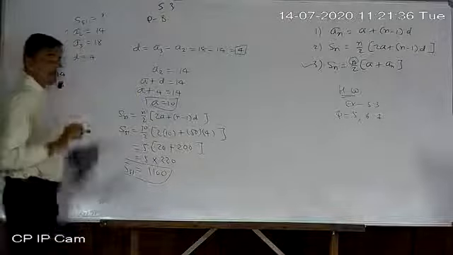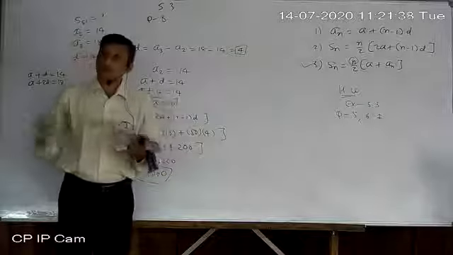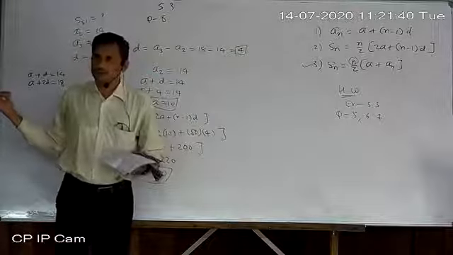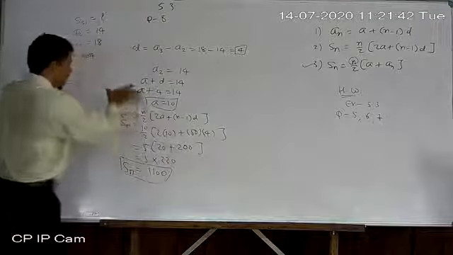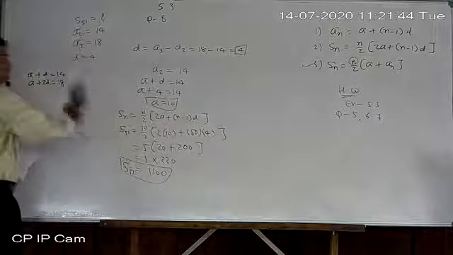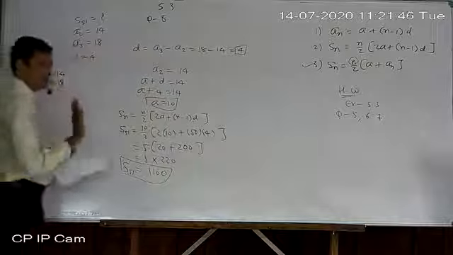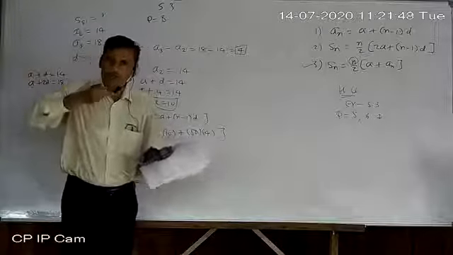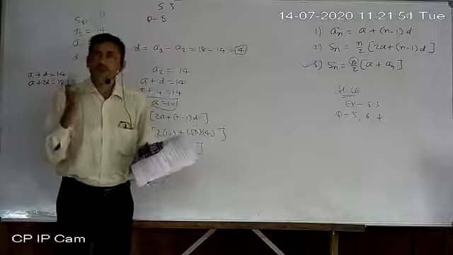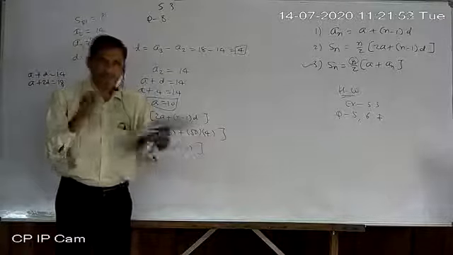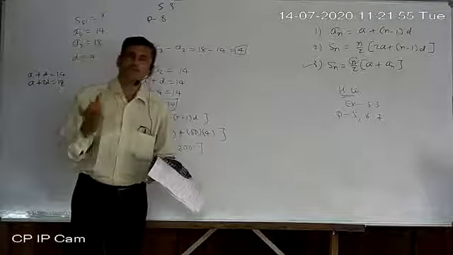Otherwise, just like exercise 5.2, you can solve here also. So these are repeating types, nothing is new. Two A's are given, or two S's are given, or one An and one Sn are given. We can find two equations and we can solve both equations. So A and D we can find.